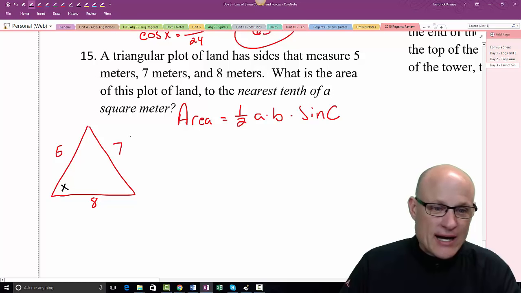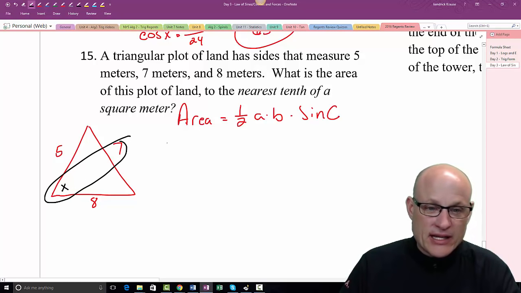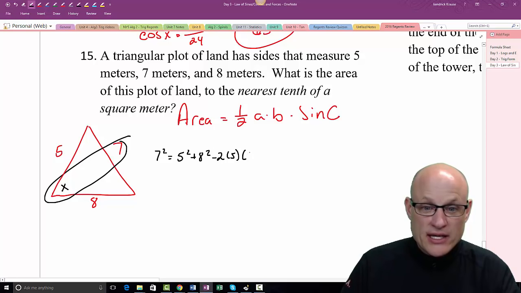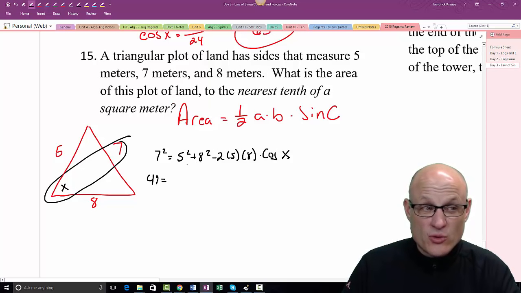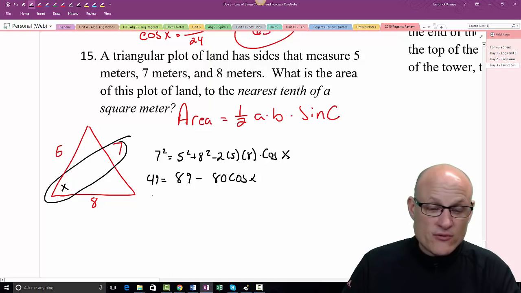So these are the things that are going to go at the beginning and the end. So 7 squared is equal to 5 squared plus 8 squared minus 2 times 5 times 8 times the cosine of x. 49 is equal to, let's see, 64 and 25 is 89 minus 80 cosine x. 49 minus 89 is negative, is it negative?